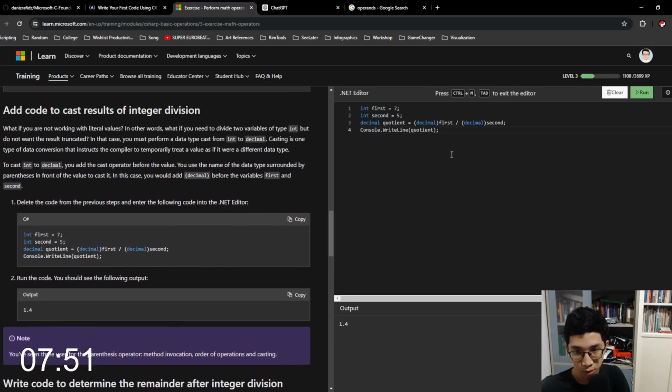So 1.4, yes sir. 7 divided by 5. What if I don't put this? What if I remove the decimal cast here? Error? No error. It's just 7 divided by 5.